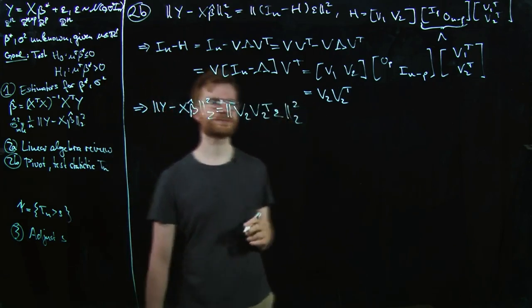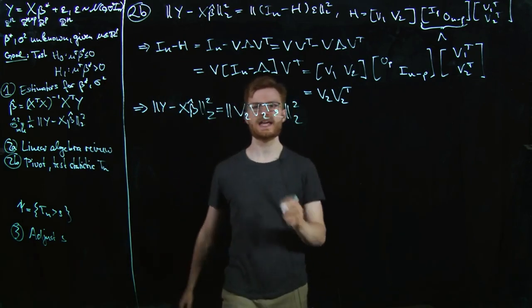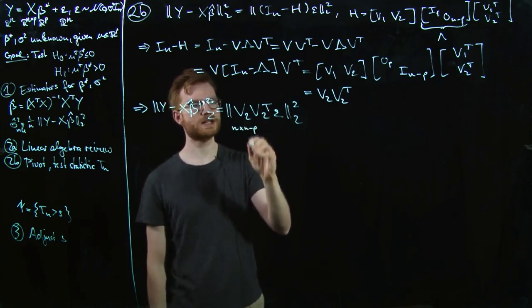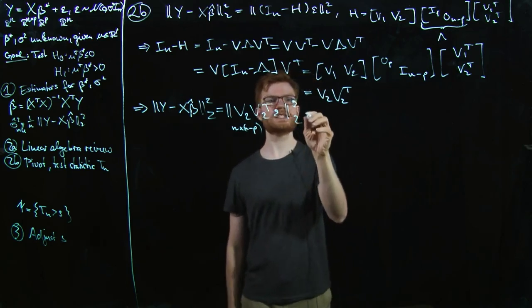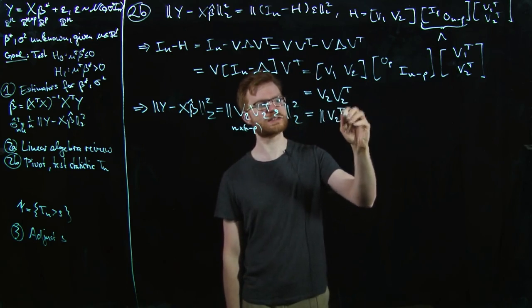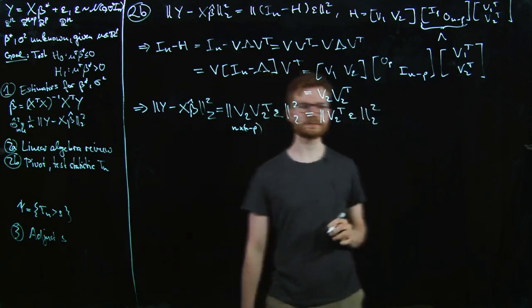Now remember, v2 is an n by n minus p matrix, and its columns are orthogonal, so that means v2 transpose is norm-preserving. So the norm is the same as the norm of v2 transpose times epsilon.